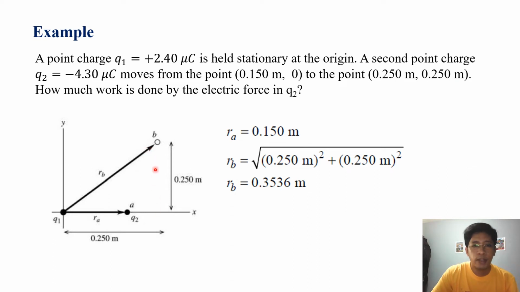So you create some triangles here, and then to find this distance, you just use the Pythagorean theorem, which is just your RB is equal to the square root of 0.250 meters squared plus 0.250 meters squared. So this is your x squared plus y squared. You get the square root, and then you get your RB. Your RB is equal to 0.3536 meters. And let us use these values later in finding the work done by the electric force on Q2. The electric force is this force here from your Q1.